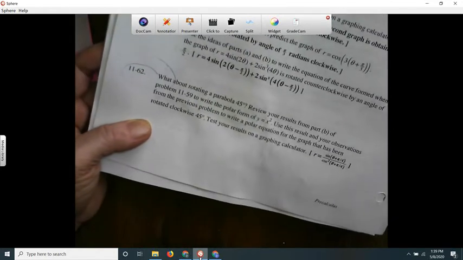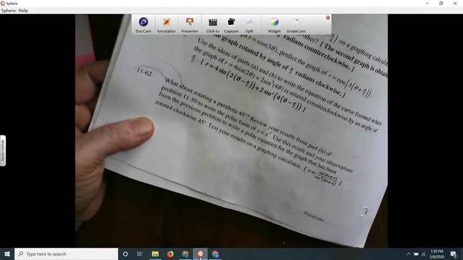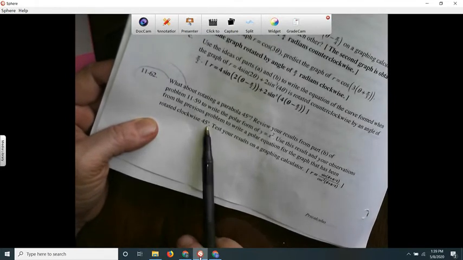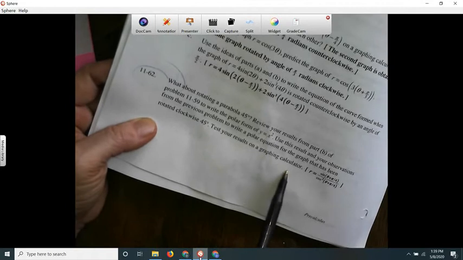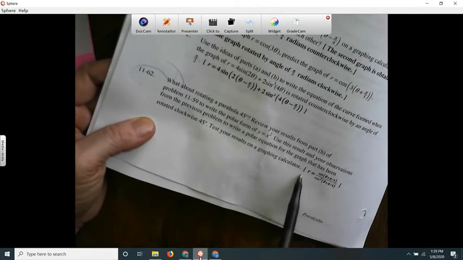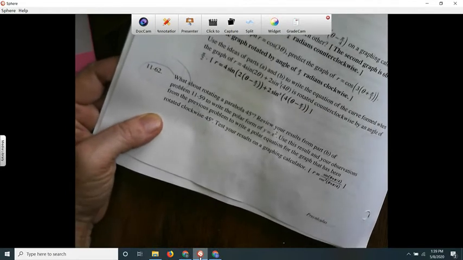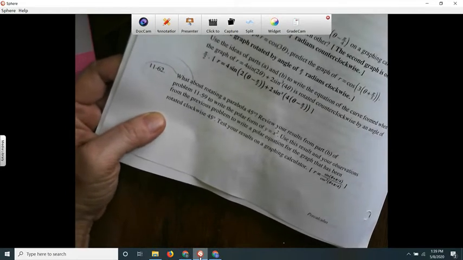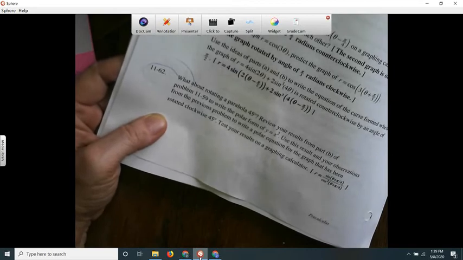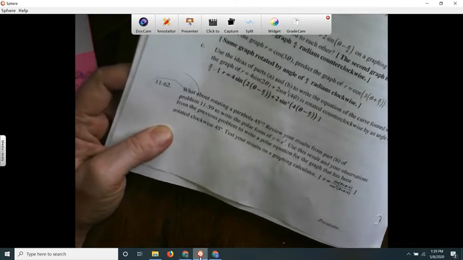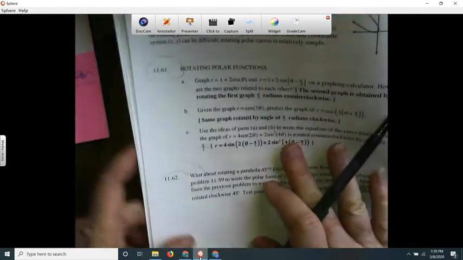Use this result and your observation from the previous problem to write polar equations for the graph that have been rotated clockwise 45 degrees. Test your results on a graphing calculator. So, parabola. Did I do this one? Well, I guess I can do it right here. I had it all ready to go.